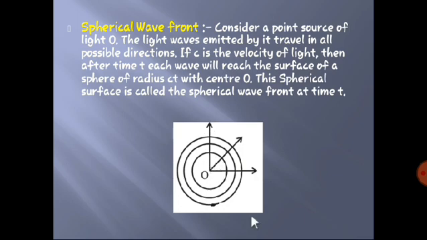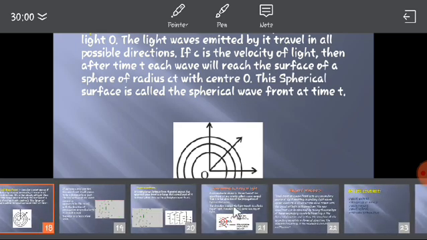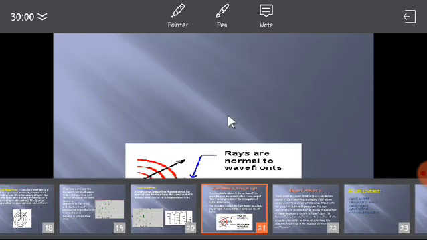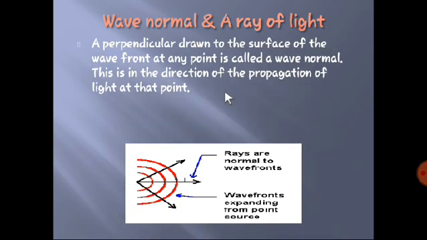So this is nothing but the wave normal. So in the diagram we have seen all of these things. Alright, so let us move towards this point, wave normal and a ray of light. What we have said is that a perpendicular drawn to the surface of the wavefront at any point is called the wave normal. So this is nothing but the wave normal, right?